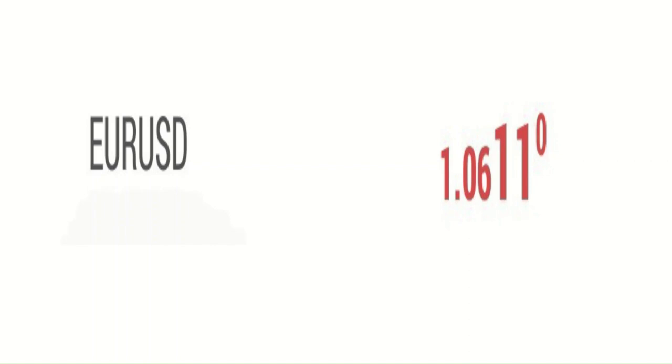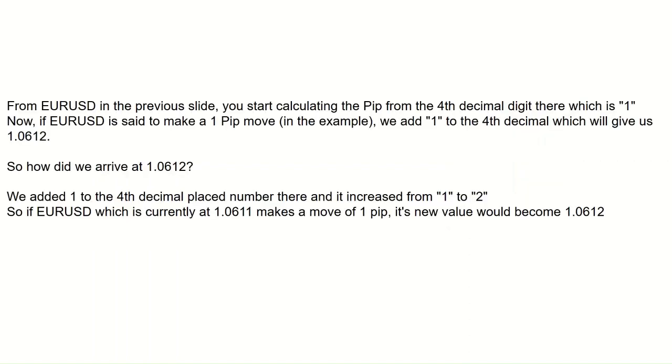Since we said we start pip calculation from the fourth decimal place for most pairs like EUR/USD that I'm making the example with now, if this EUR/USD makes 1 pip movement, then we are going to add 1 to the fourth decimal place, which is 1. Then it becomes 1.0612 after we add the 1 pip move.